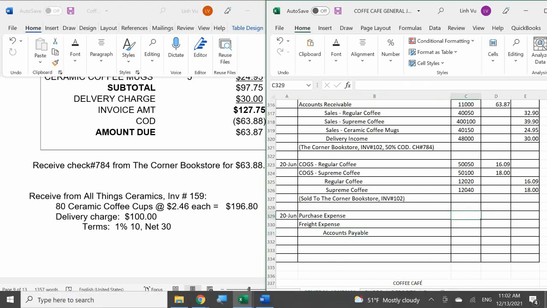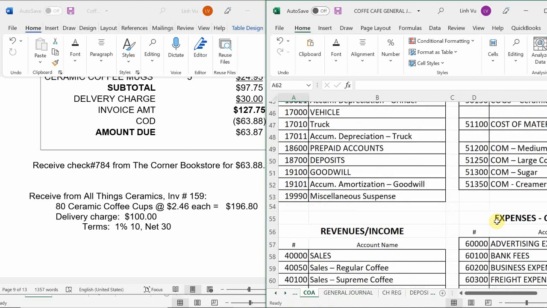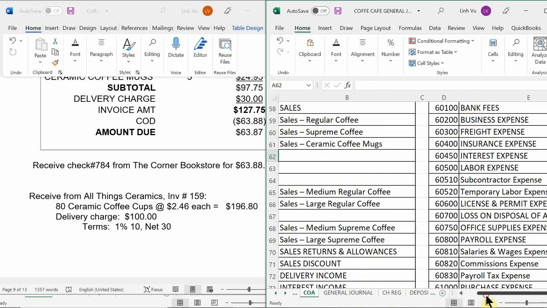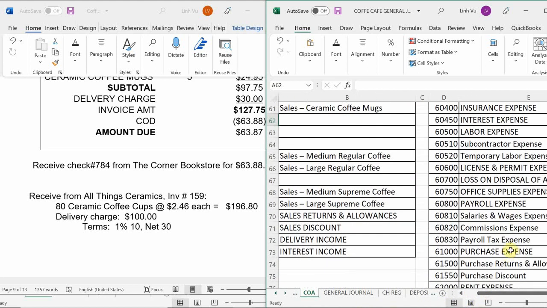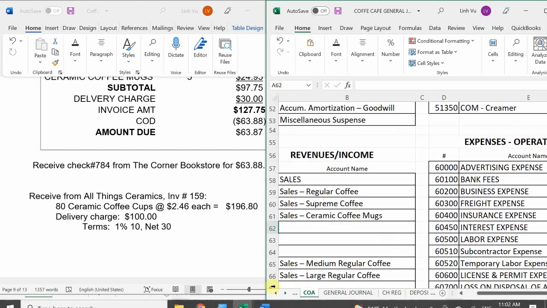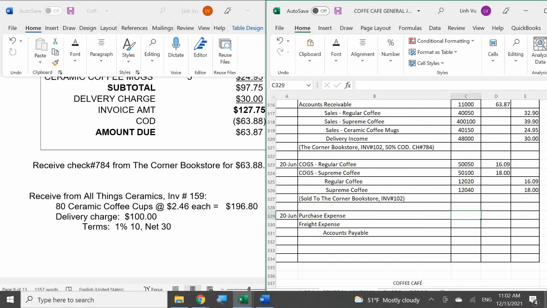So what's our account for purchase expense? $61,000. What about my freight expense? 6,300.